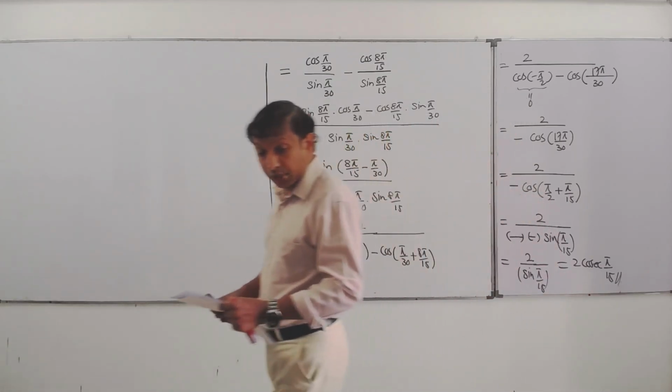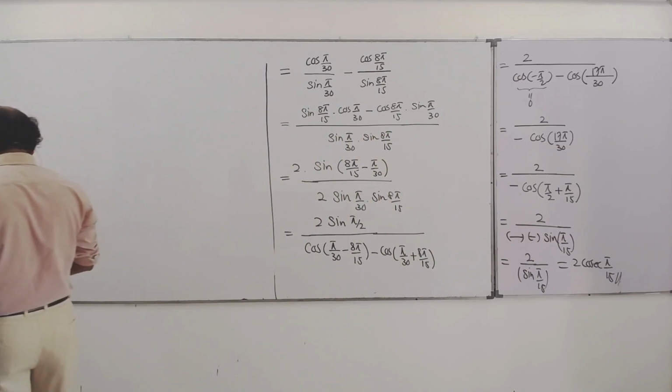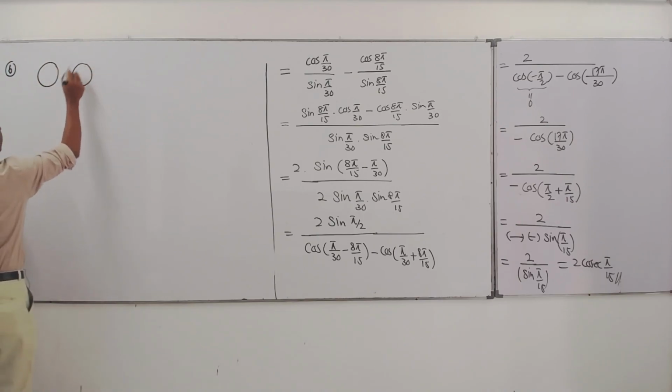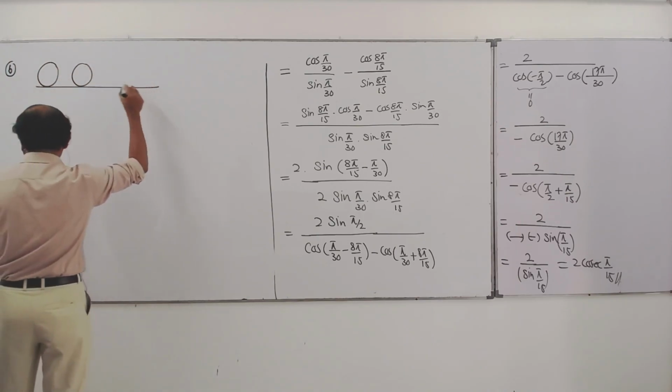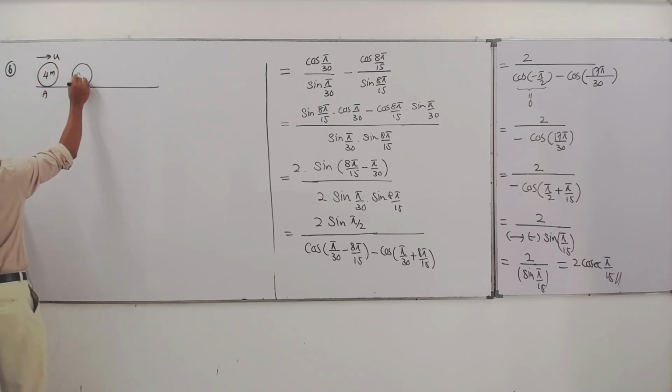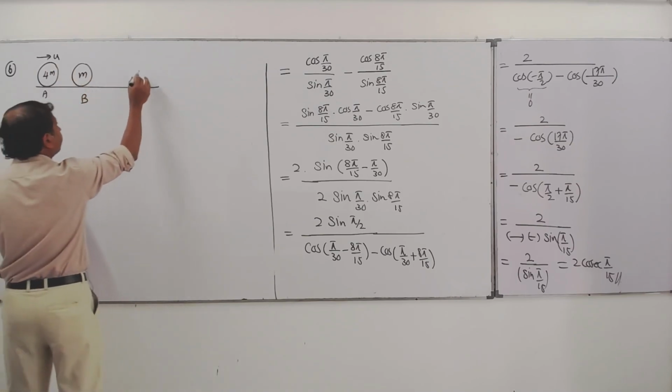Right. We'll see how to take this. This way we are given A, B, of mass 4m and m. A moves with velocity u, B at rest.